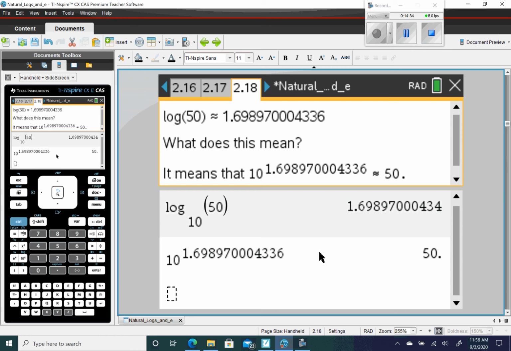But then all I did was just calculate this down here for you, just to show that it is equal to 50.